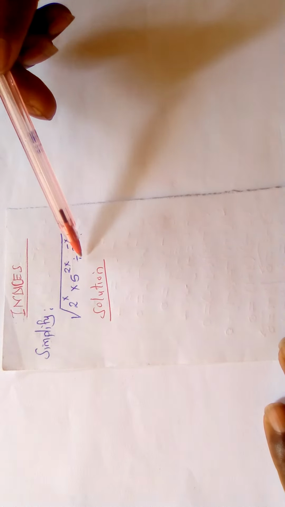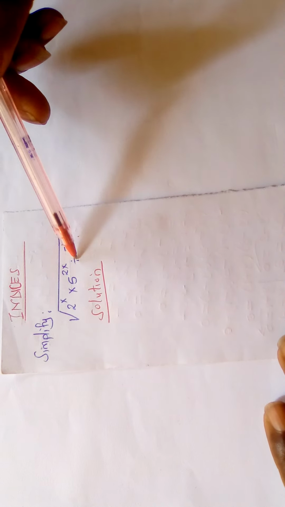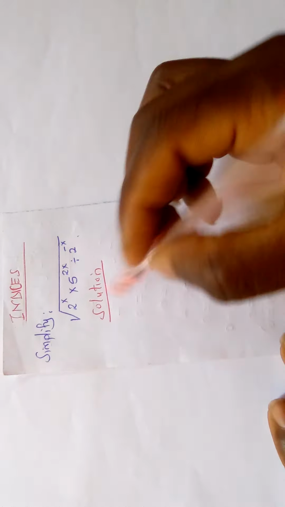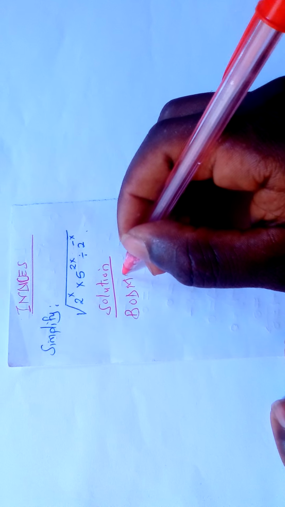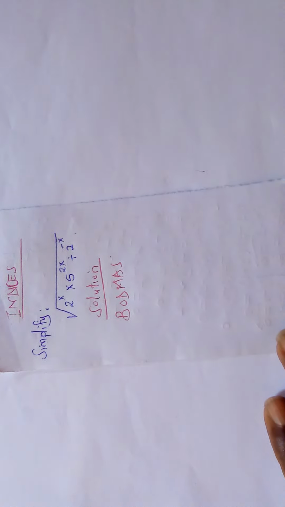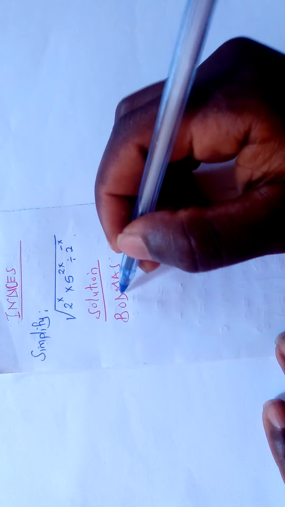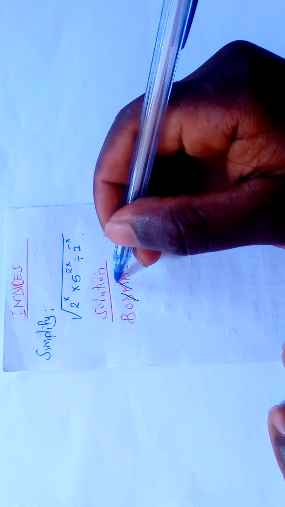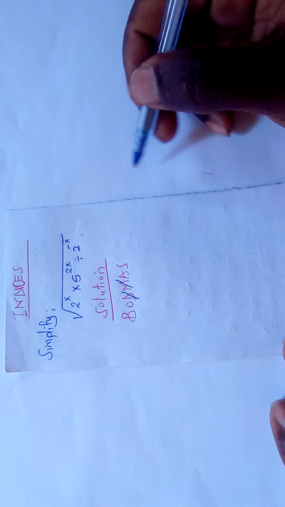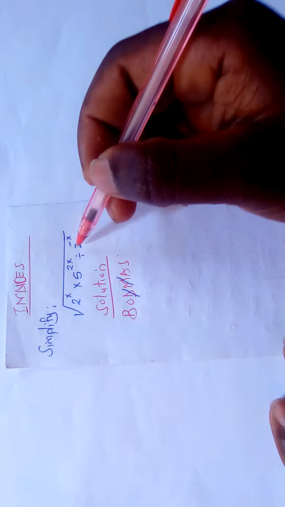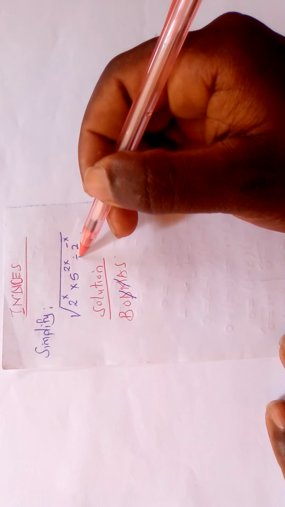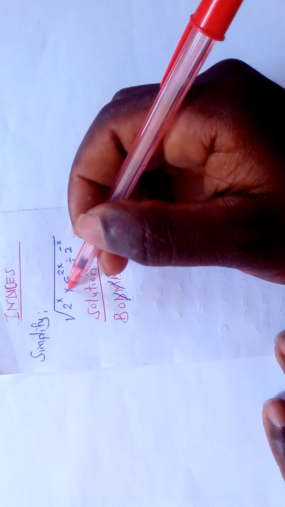Under BODMAS, let me write BODMAS so that we can see, you can highlight that division comes first before multiplication. So this division here can come first, and then I multiply.